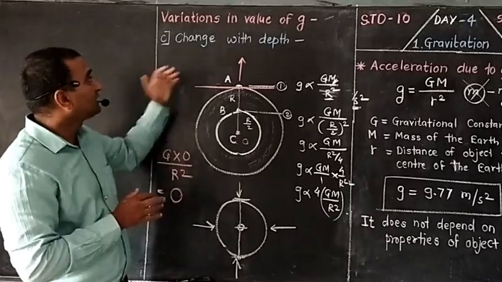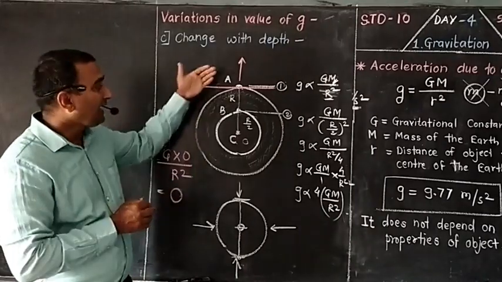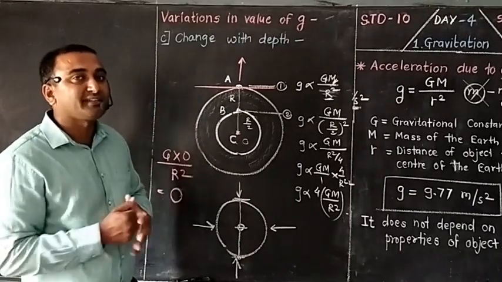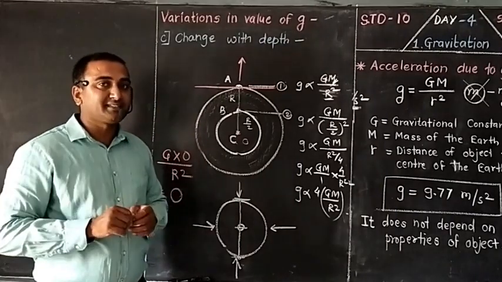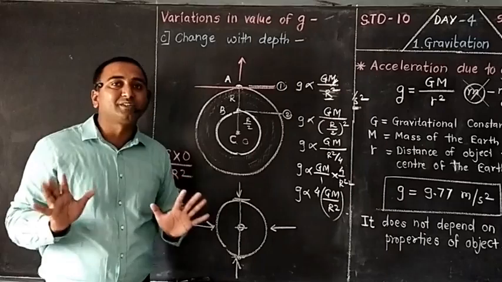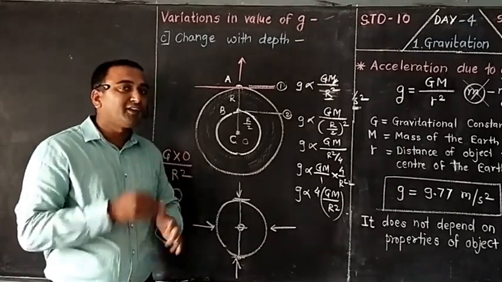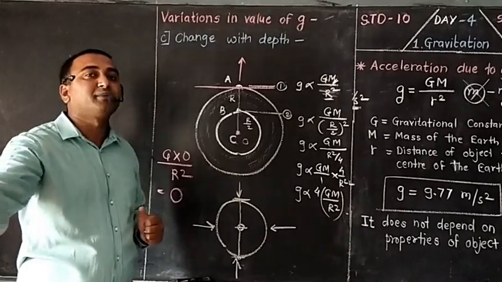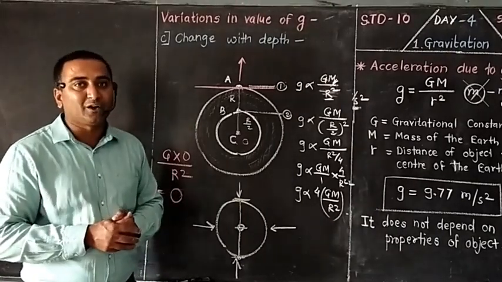And according to the third point, change with depth: as depth increases, the object is moving nearer to the center. The radius decreases, along with that the mass of Earth considered also decreases, and so the result is a decrease in acceleration due to gravity, and it becomes zero at the center of Earth.